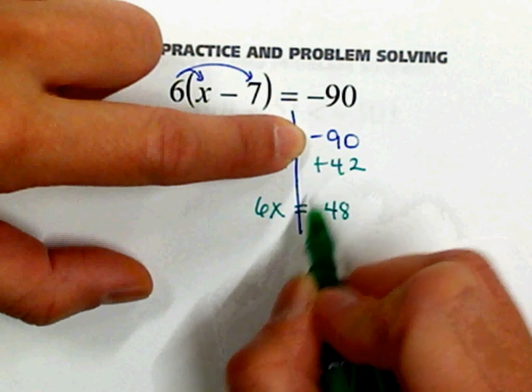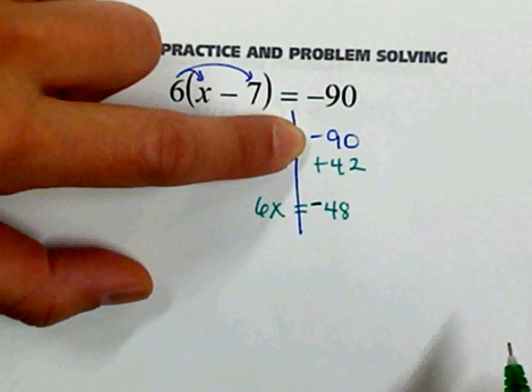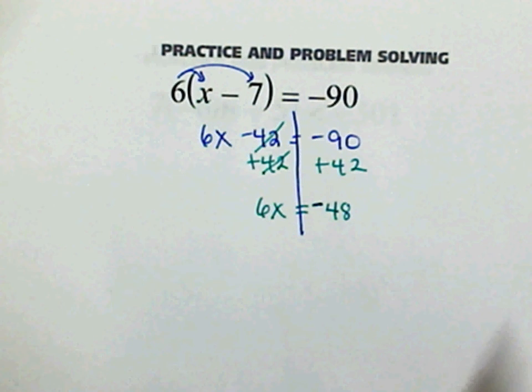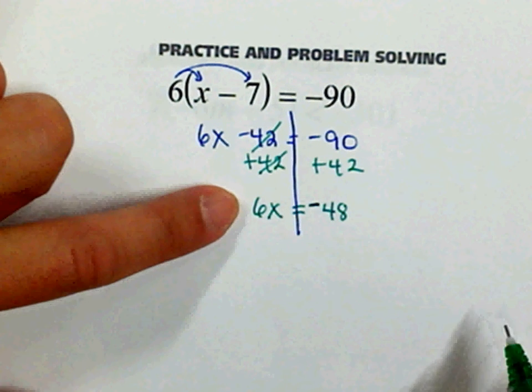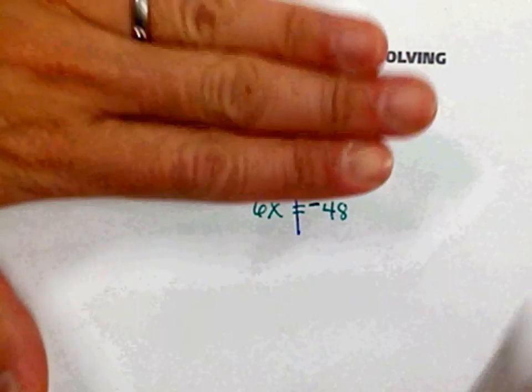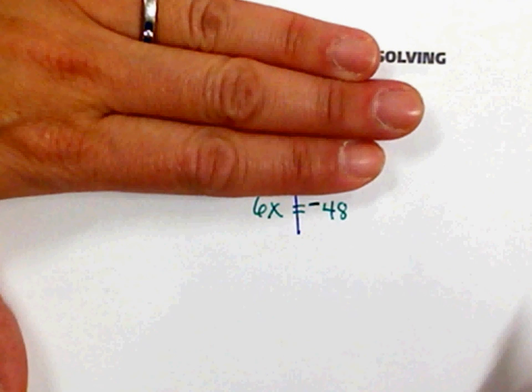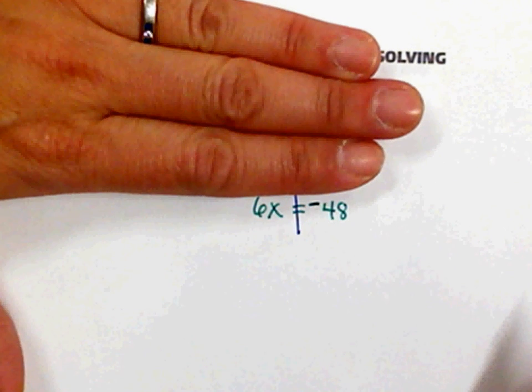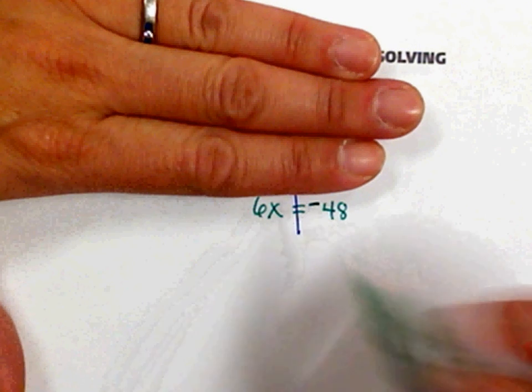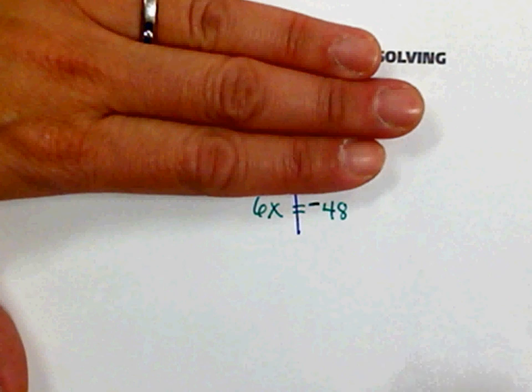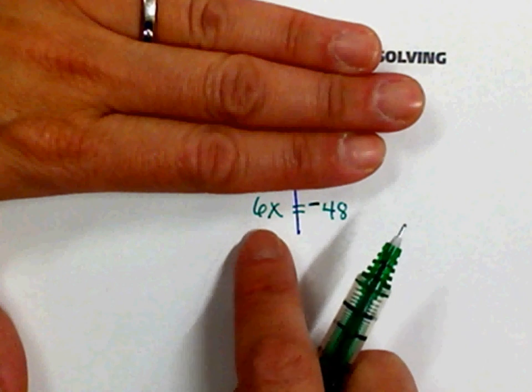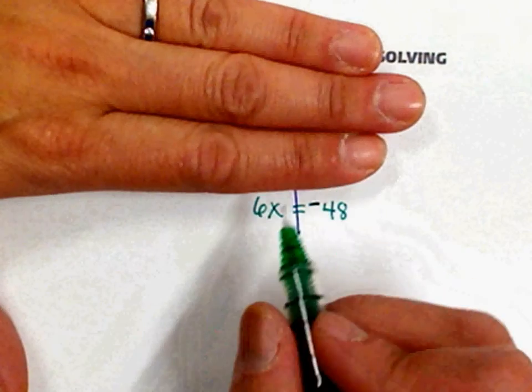Now what do you do? Remember, we're done with that. This is all we're looking at, one at a time. Do you add, subtract, multiply, or divide? To get rid of that 6, what do you do? Divide. Very good. What you do to one side, you do to the other. Okay. Now what?